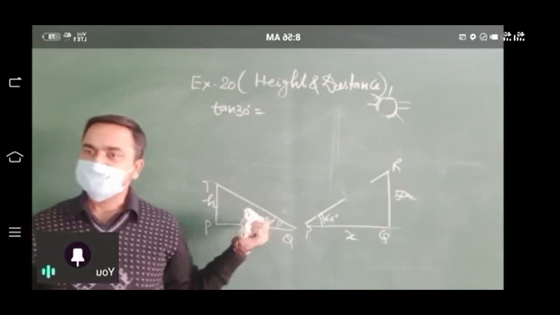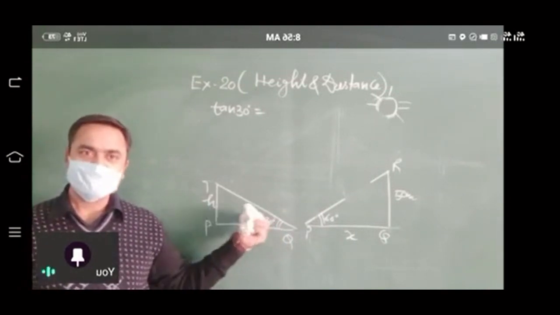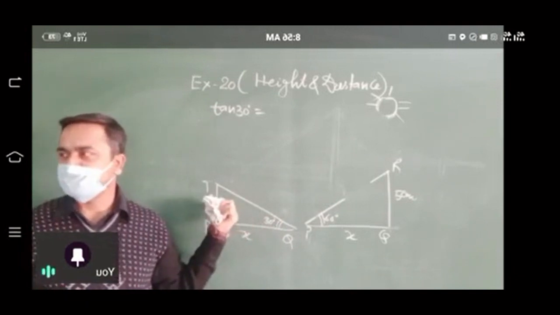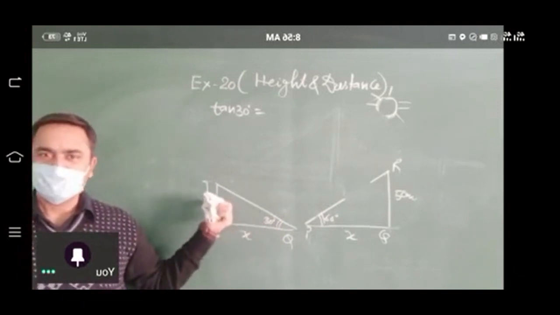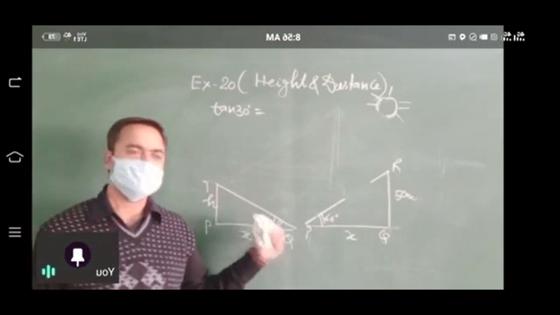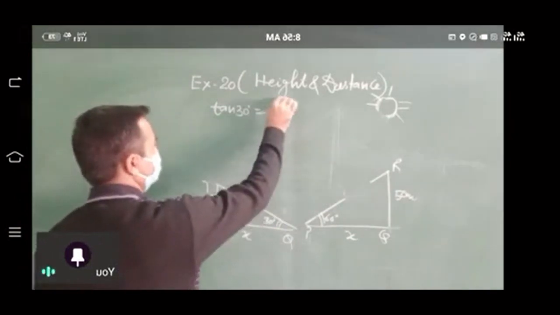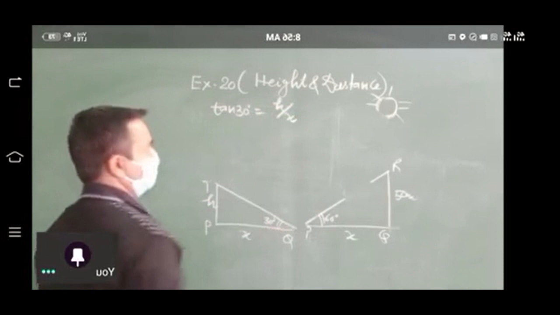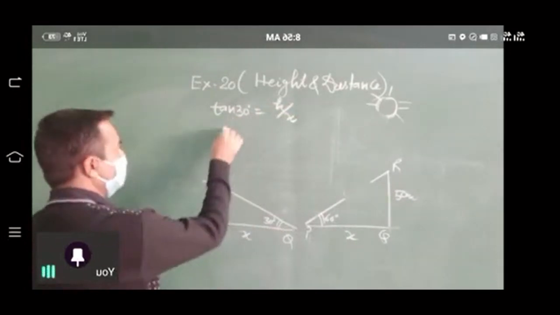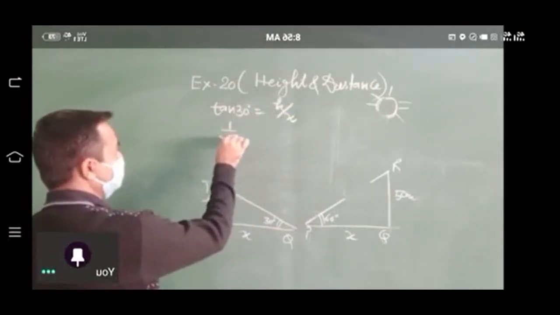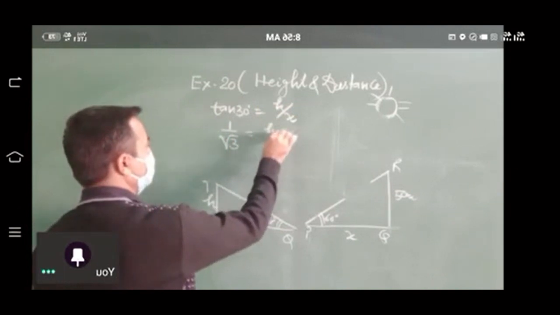In terms of ratio, tan 30 equals H upon X. Now the value of tan 30 is 1 by root 3, equal to h upon x.